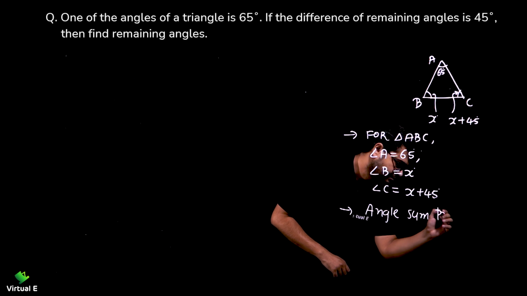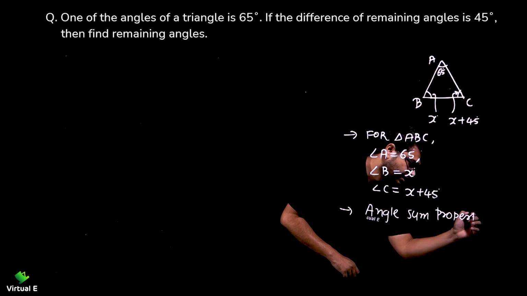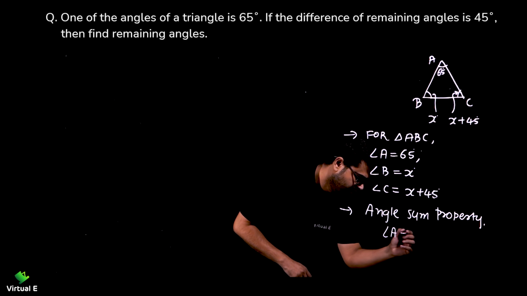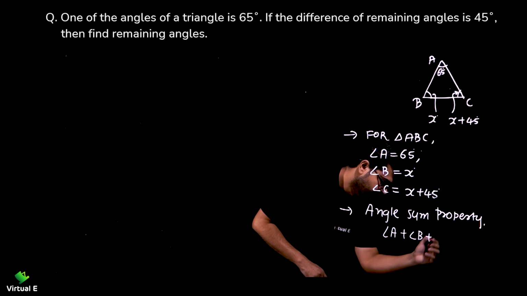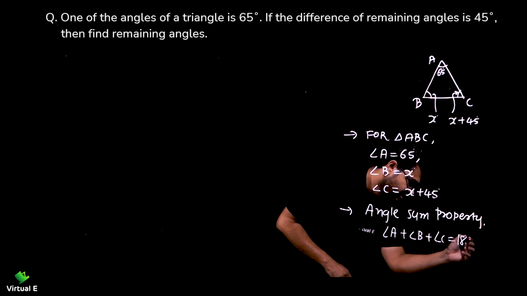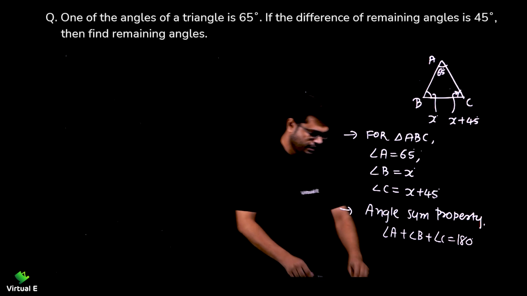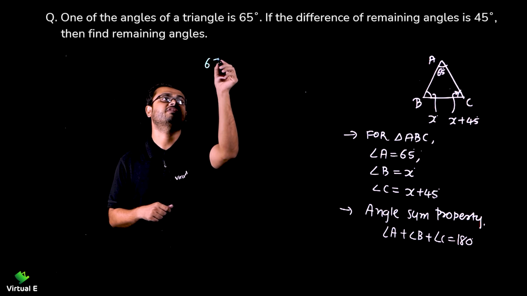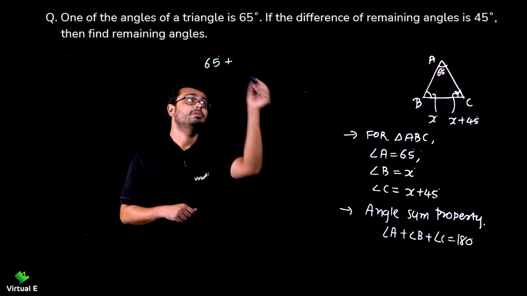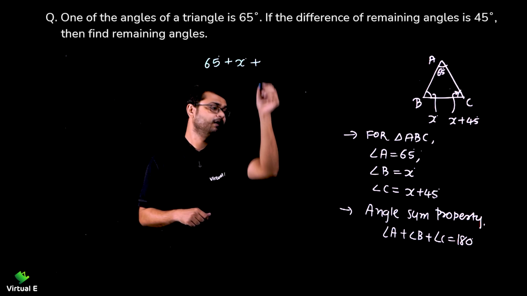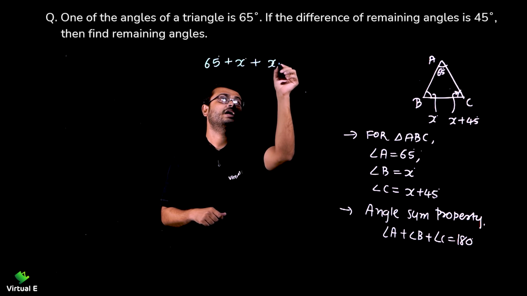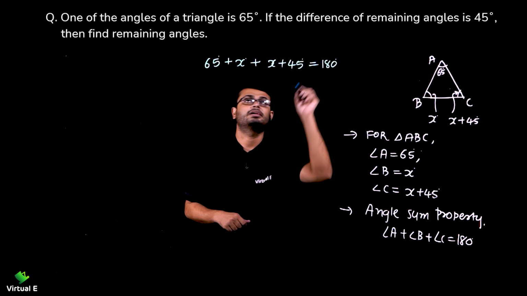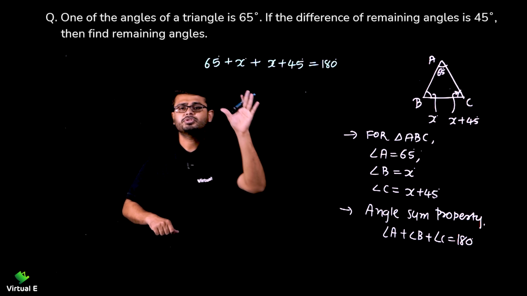Angle A plus angle B plus angle C is equal to 180. Now let's substitute the values. Angle A is 65 degree, angle B is x degree, and angle C is x plus 45 degree, equal to 180 degree.